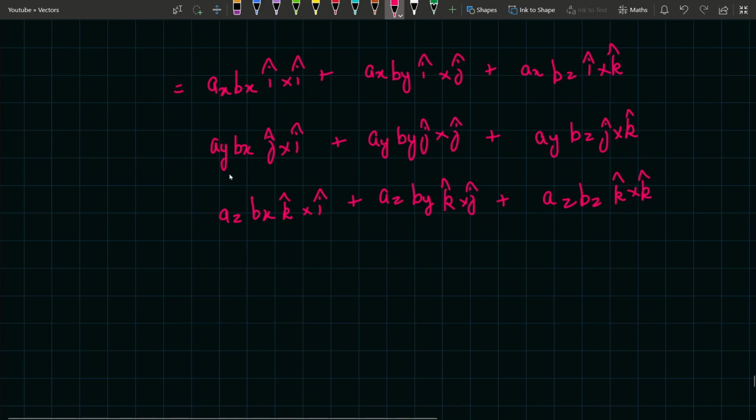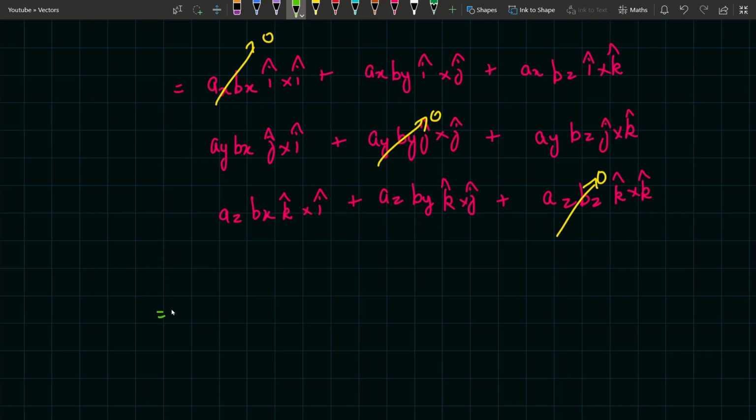That's all. You can remember this, and applying this, we can solve this easily. So now let us try solving this using the things which we learned just now. So i cross i will become 0, j cross j will become 0, k cross k will become 0, and for the remaining, we know the corresponding unit vectors.